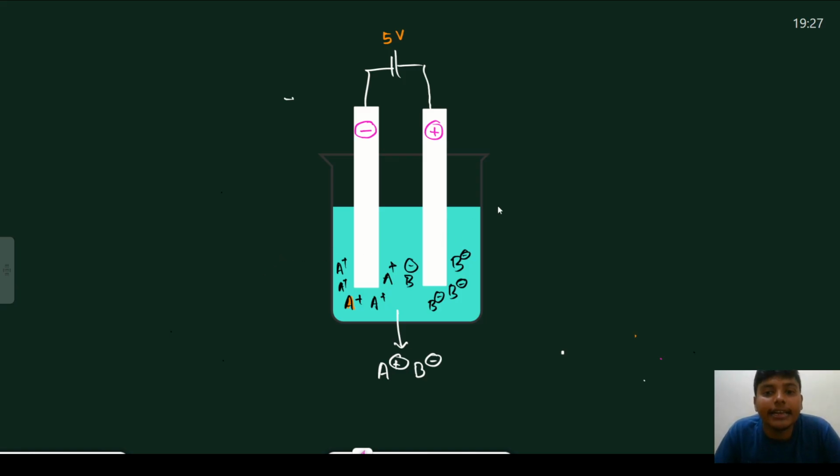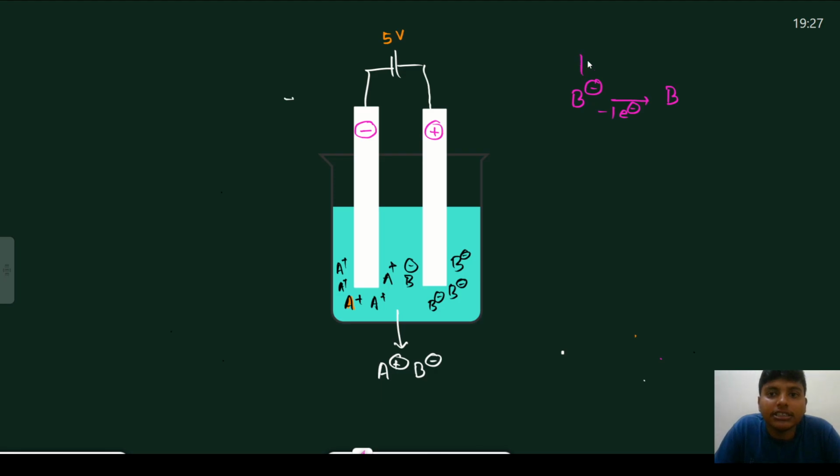Now listen. This B minus came to the positive side, and it is giving one electron and becomes B. Clear? B minus giving one electron, removed one electron and becomes B, neutral.